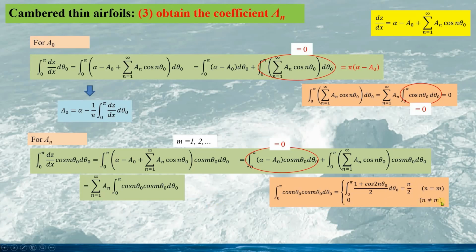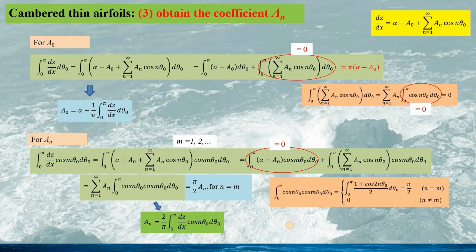When n is not equal to m, the integration would be 0. So this term would simply be given as pi divided by 2 times An. So this is the result for n equaling m. Based on this, we can deduce the coefficient An given by this equation.